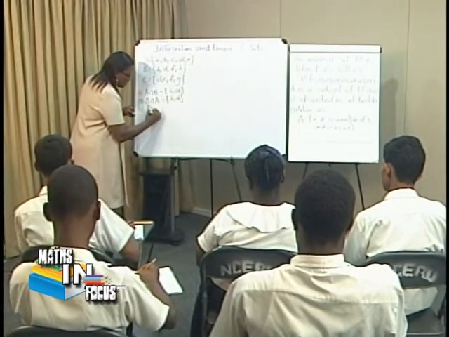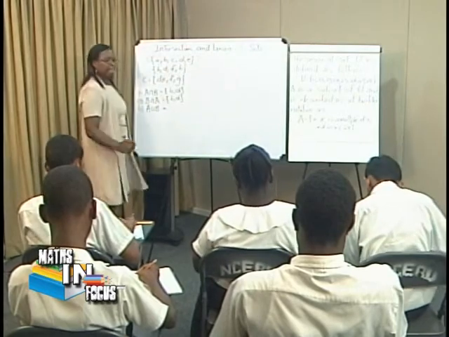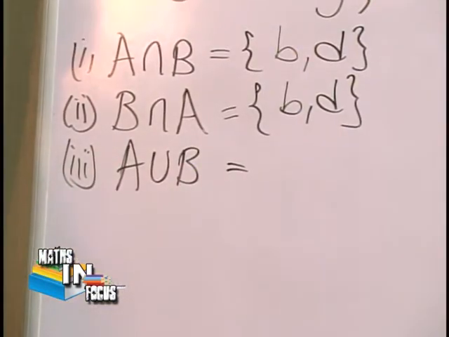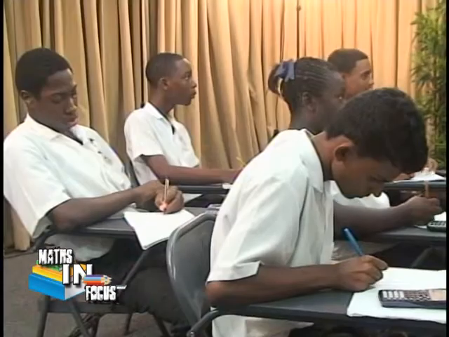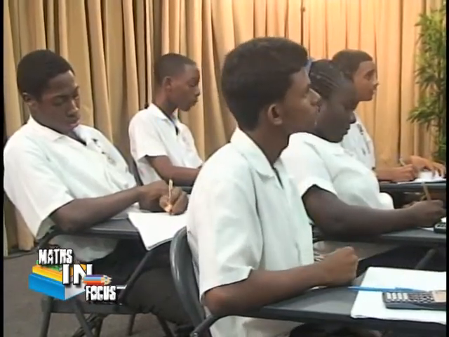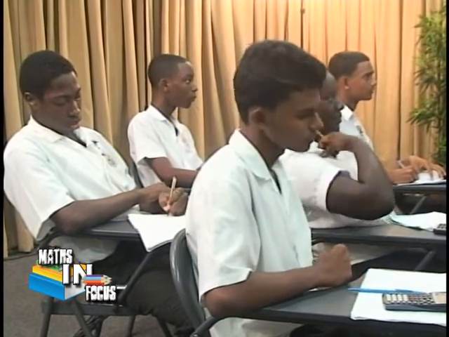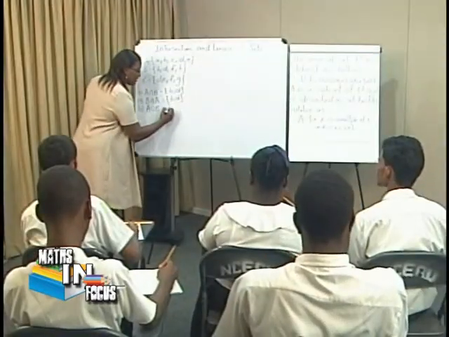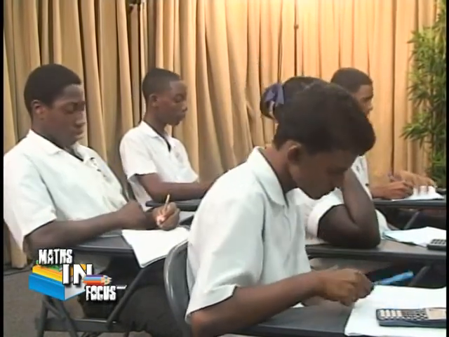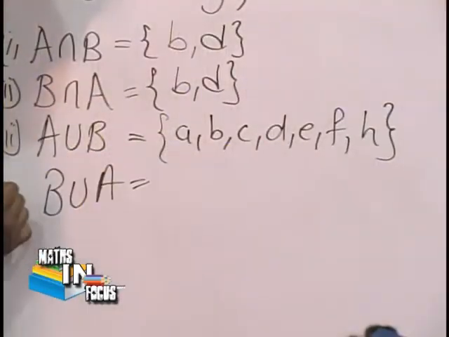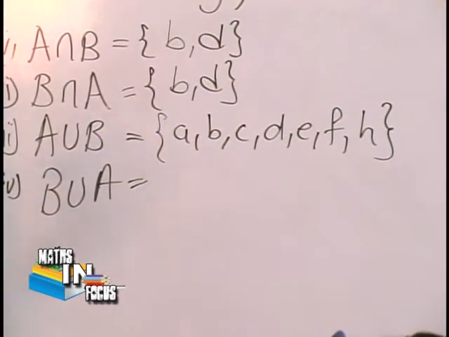Let's try A union B. Yes, Miracle? What did you get? A, B, C, D, E, F, and H. Now let's union B and A. Try B union A for me and see if you arrive at the same set.